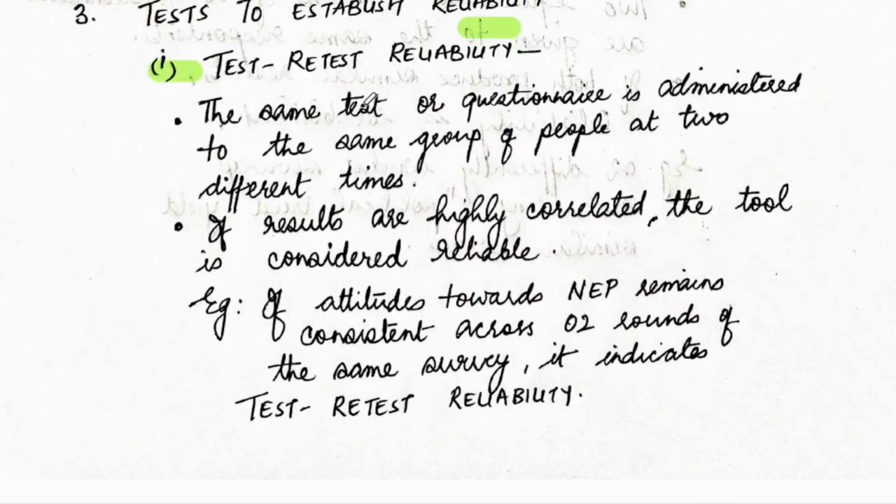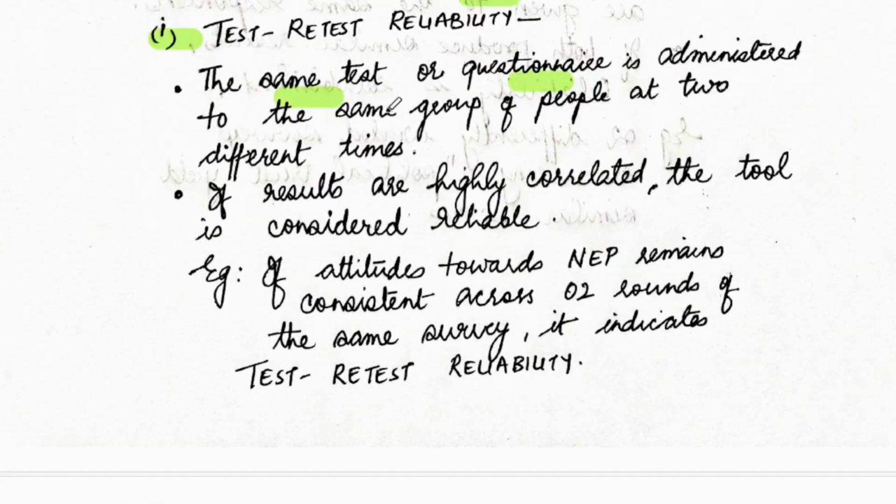First being test-retest reliability. So what is it? The same test or questionnaire is administered to the same group of people at 2 different times. Now, if the results are highly correlated, the tool, our instrument, is considered reliable.